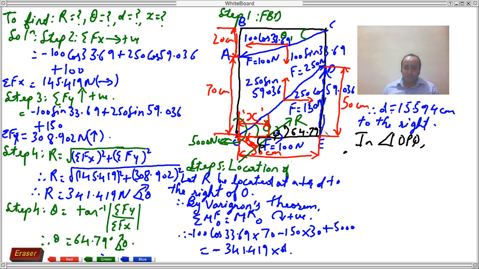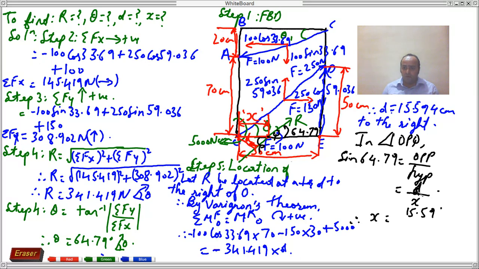So sine of the angle is equal to opposite upon hypotenuse. Friends, it is very clear that opposite is nothing but D and hypotenuse is nothing but x. So I can write it very clearly. Therefore, x is equal to D divided by sine of the angle. D is what? 15.594 divided by sine of 64.79.